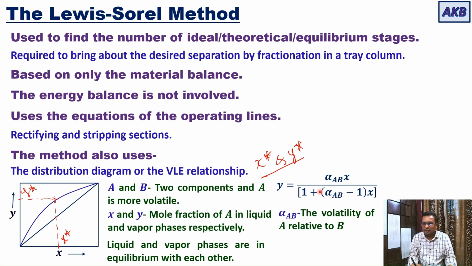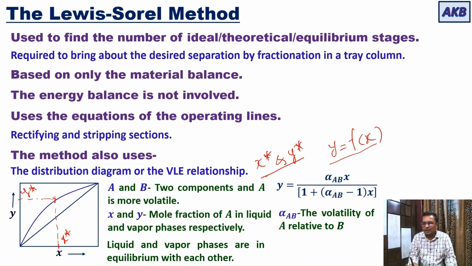On the right hand side of the equation you'll have x, whereas on the left hand side you'll have y. So after putting the value of alpha AB, you'll get an equation which is a function of x.